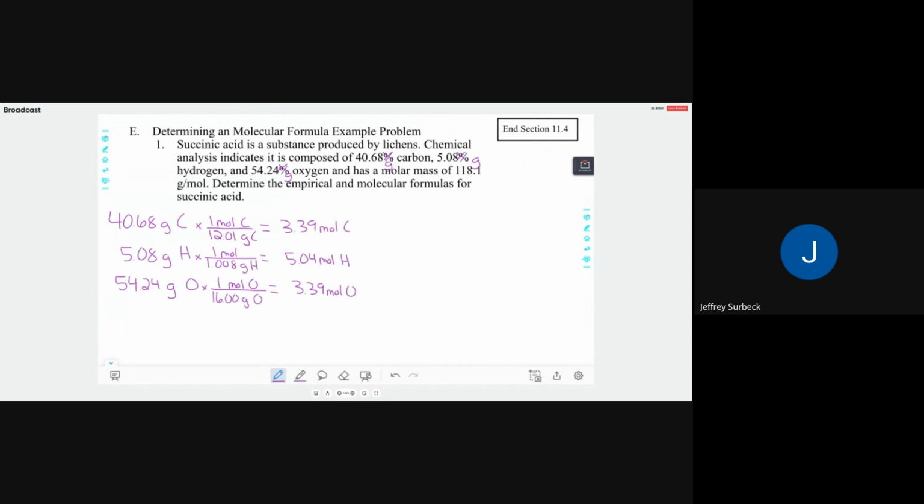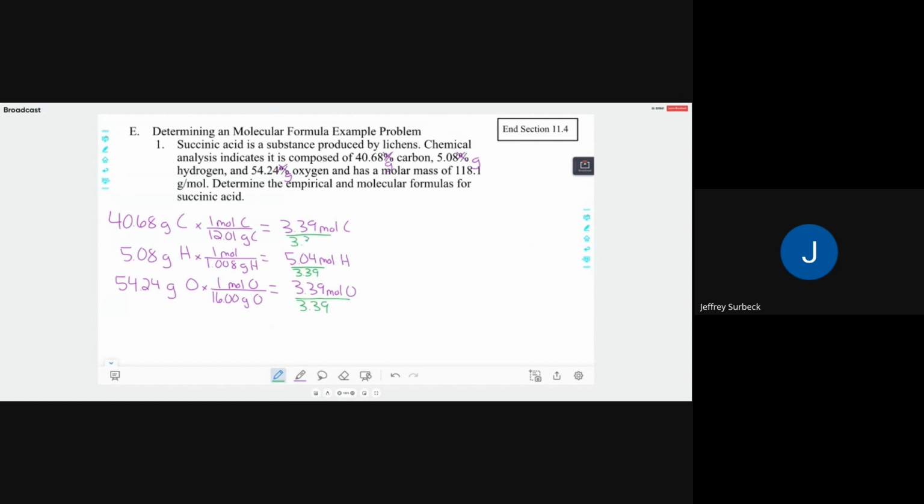Now, here's our weird step. We look at these numbers on the right. It's technically a tie, but what is the smallest number we see here on the right? 3.39. So, again, weird step, but you have to divide everything by this 3.39. So I just go ahead and say, hey, let's divide everything by 3.39.